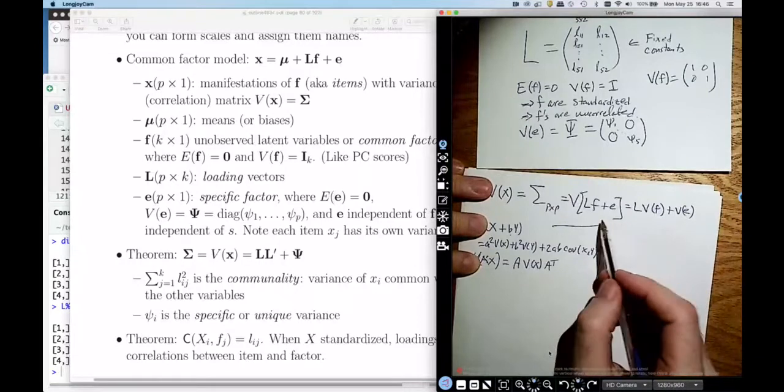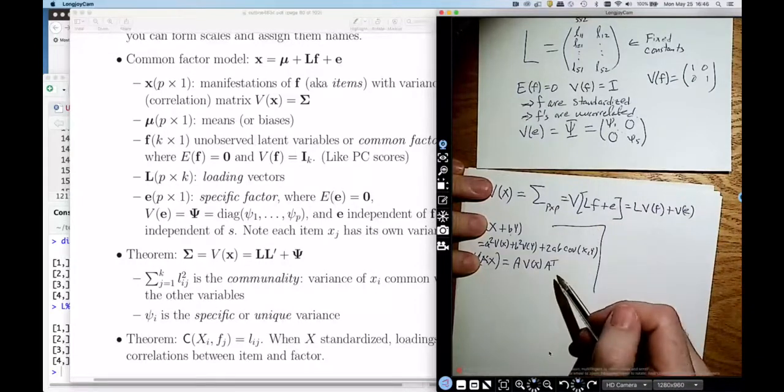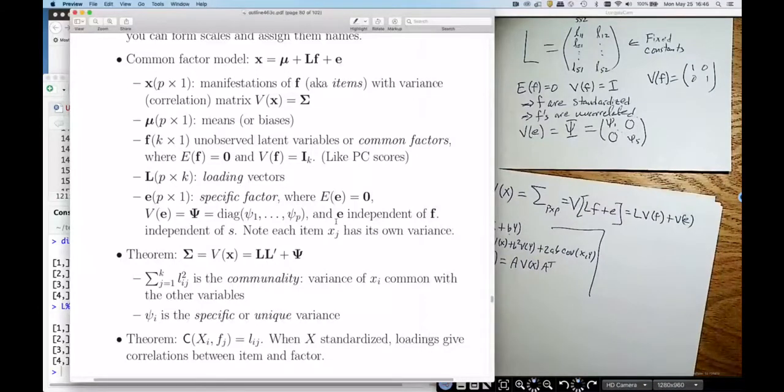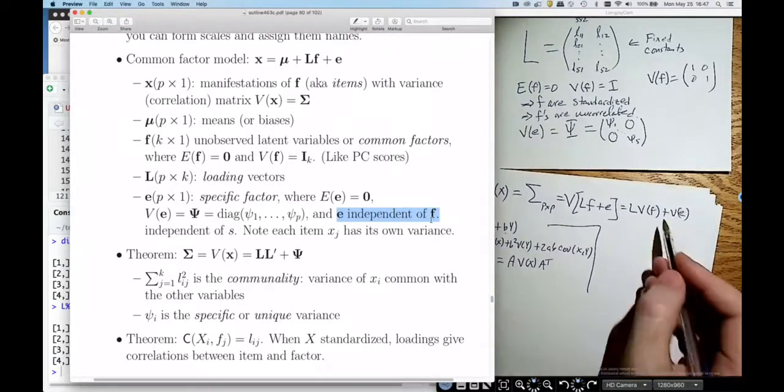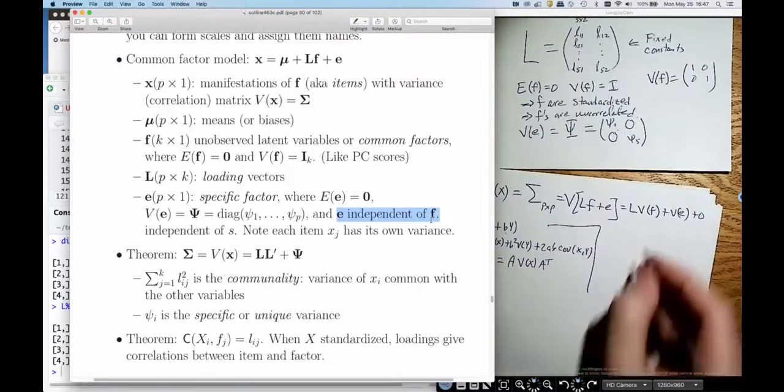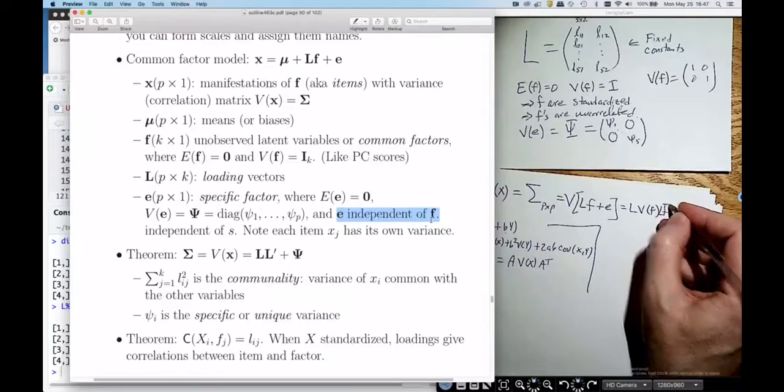And then I've got to worry about the covariance between these, but if you go back to my statement of the problem here, what I've assumed is that the E's are independent of my F's. So what that means is the covariance is 0. So I'm just going to write a plus 0 here. Oh, and I forgot this. There's an L transpose in there.